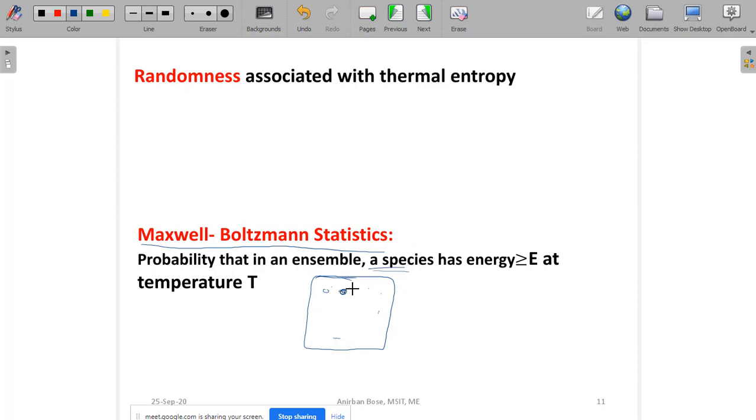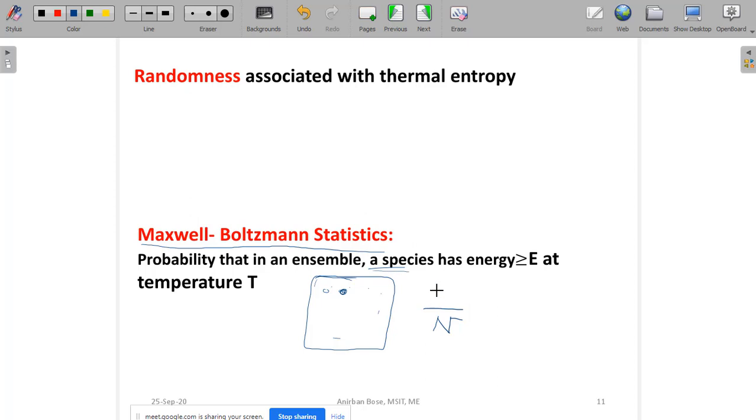Atom is like the species. So that is the number of atoms having energy greater than or equal to E. Let us consider the total number of atoms present is capital N, and this capital N number of atoms have different levels of energies. All of them do not have the same energy.